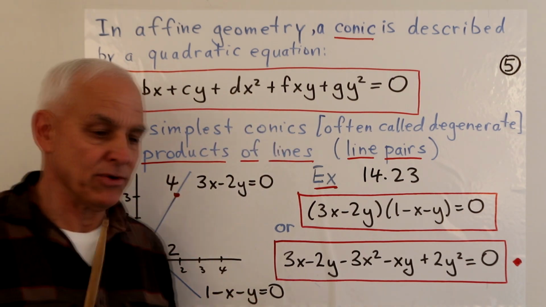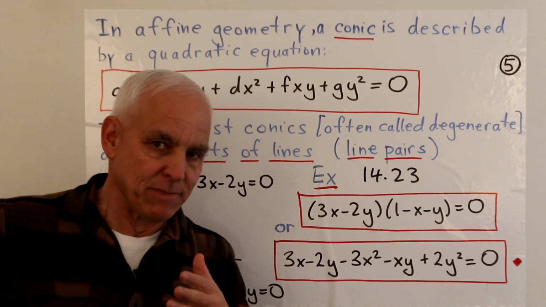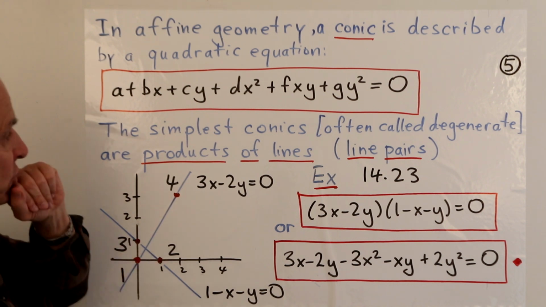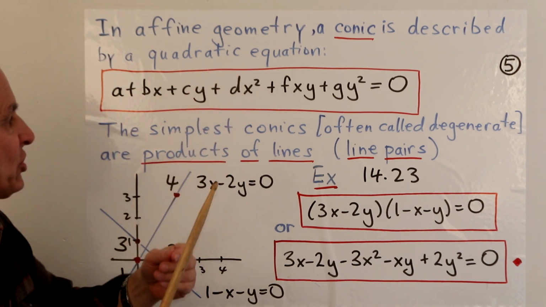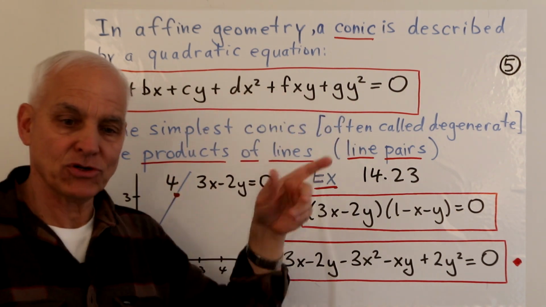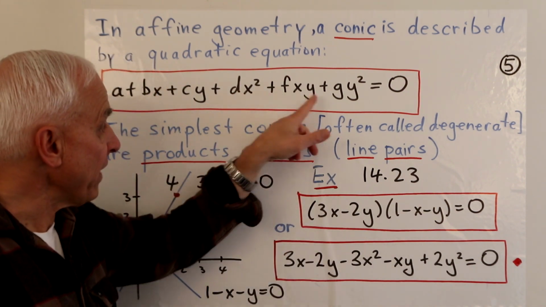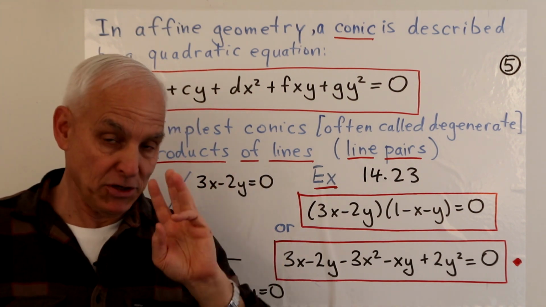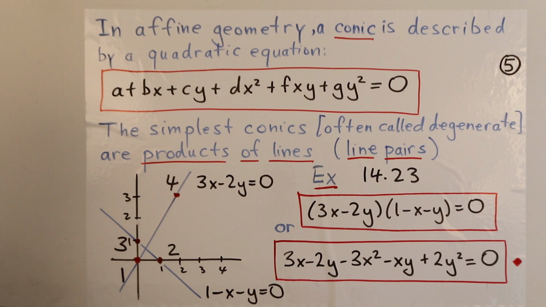That's because my computer system easily gets e confused with the special real number e, and so that's a bit problematic. I should also say that there's a slight caveat. In order to get a conic, we do officially require that one of these quadratic terms really is non-zero, so that d, f, and g cannot all be 0. One or two of them can be, but not all three of them. Okay, so that's then a conic.